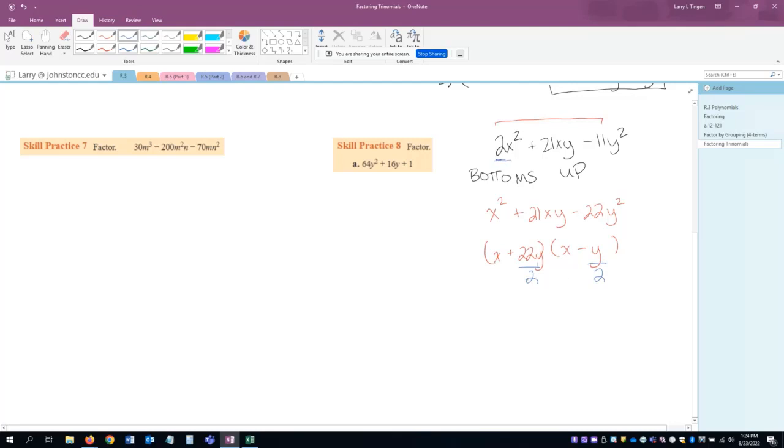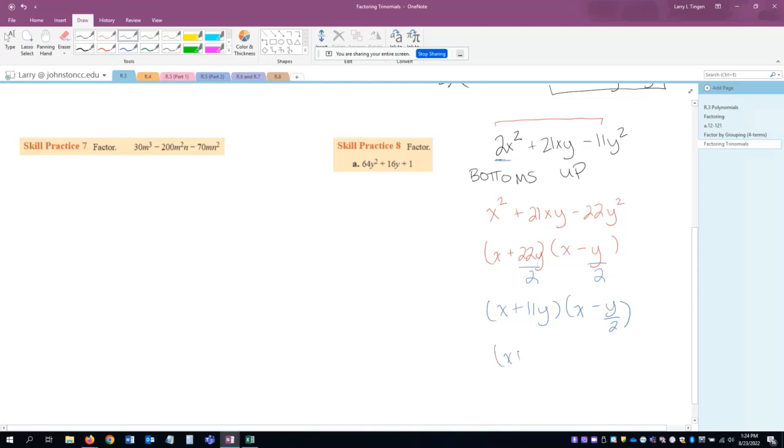So there's A, and here it comes back. Some of these will simplify, some of them won't. X plus 22y divided by 2. 22 divided by 2 is 11. Y is still there. Now this one will not simplify because the coefficient is 1, so there's no division to be done here.